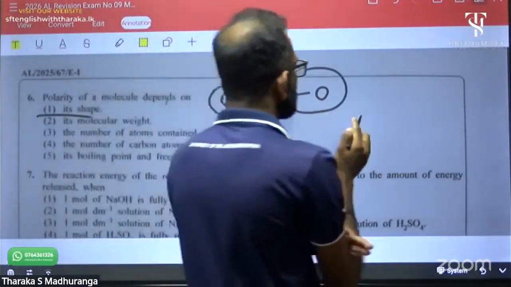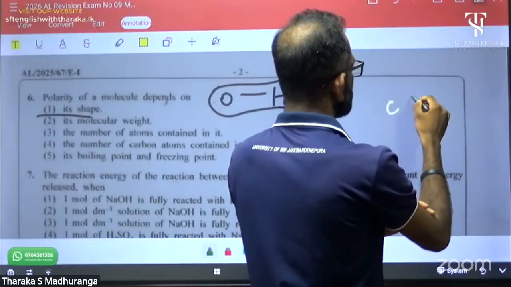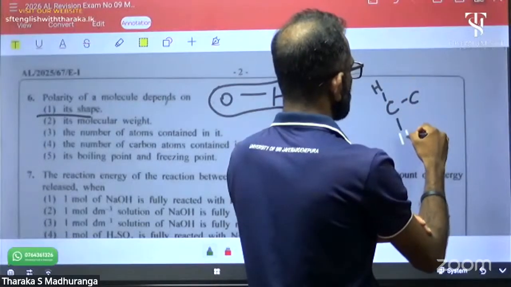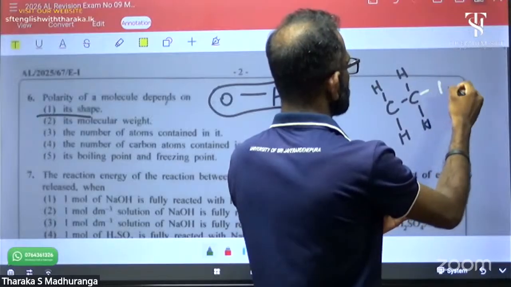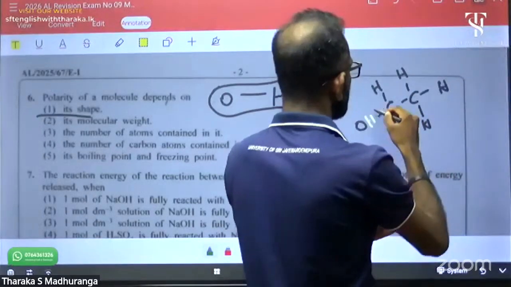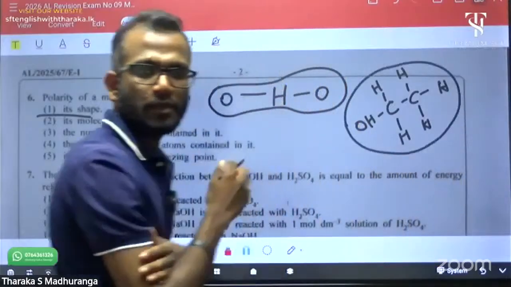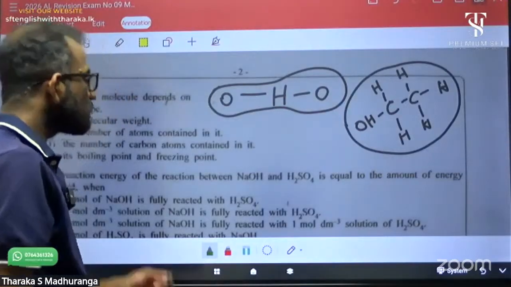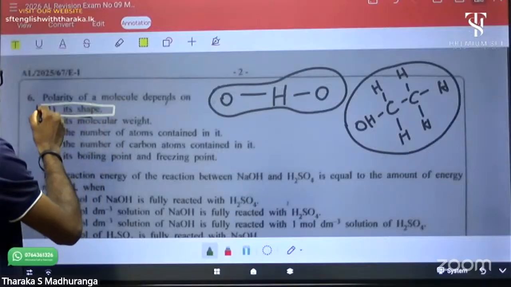That's why it is polar. If you take ethanol, C2H5OH, it is also not symmetric, right? They are the polar solvents. Therefore, it depends on the shape of the molecules.